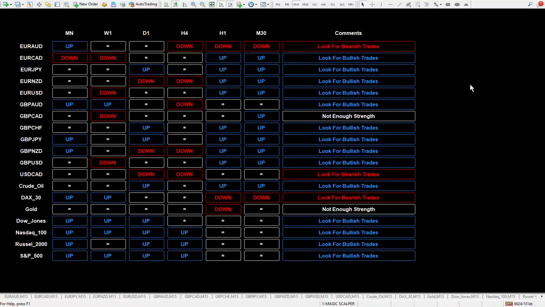It's running in real time. It's drilling down all the way from the monthly down to the 30 minutes. After it does all the calculations, inside the comments here, it'll make a suggestion either to buy, look for bullish trades or bearish trades, or if it's at the moment a little bit flat, waiting for some more strength.